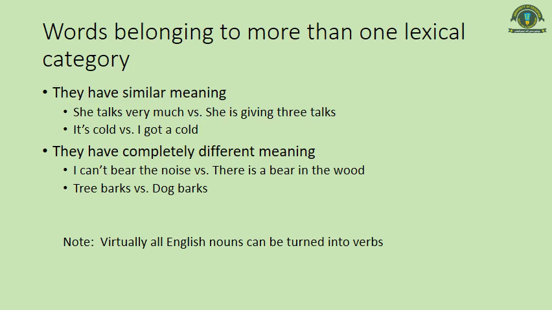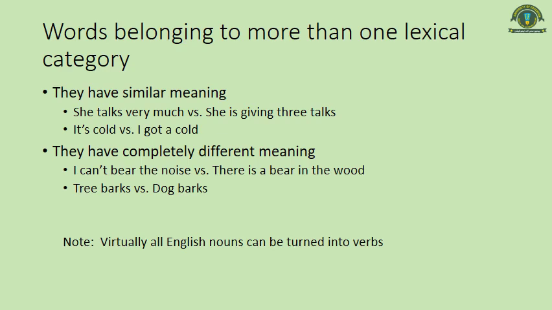Likewise, the second example, it's cold versus I got a cold. So cold here has a similar meaning. But there are some other words that have completely different meanings as well. For example, I can't bear the noise versus there is a bear in the wood.